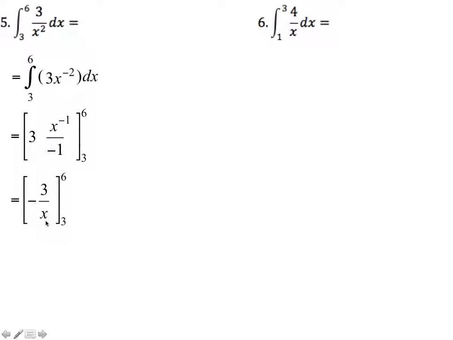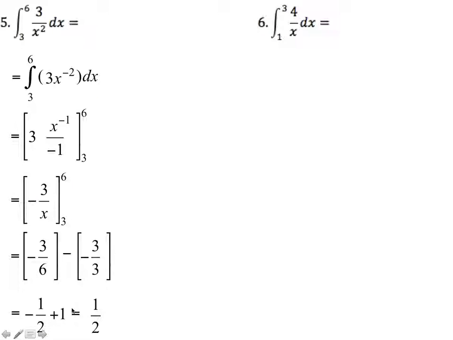So substituting in 6, we get minus 3 over 6. Minus, substituting in 3, we get negative 3 over 3. And so negative 3 over 6 is negative a half. Minus a negative 3 over 3, that's minus a negative 1, so it's plus 1. So the value of this definite integral then is a half.